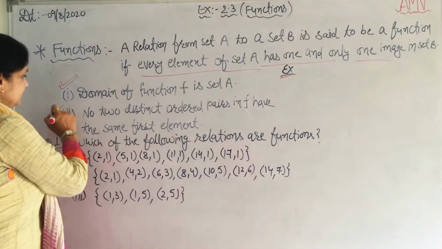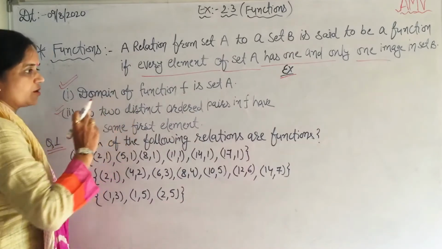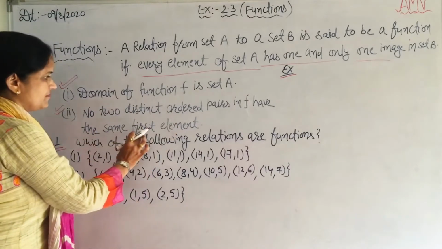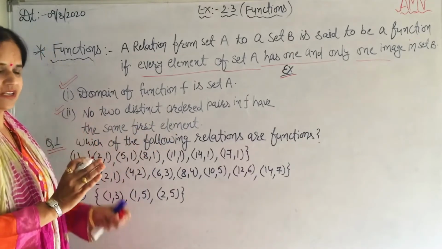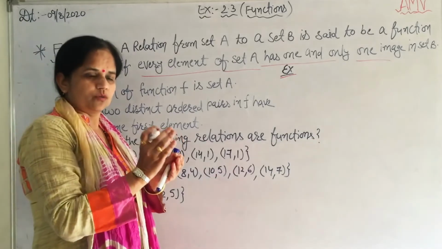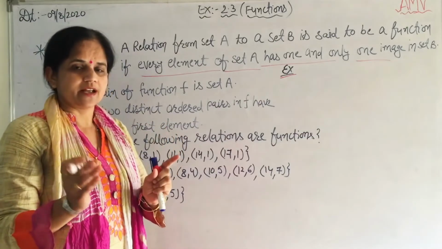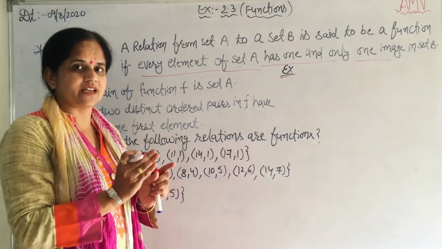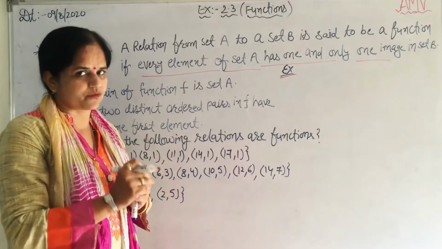Second, no two distinct ordered pairs in f have the same first element. It means if there are two distinct ordered pairs and the first elements of both ordered pairs are the same, then the relation is not a function.